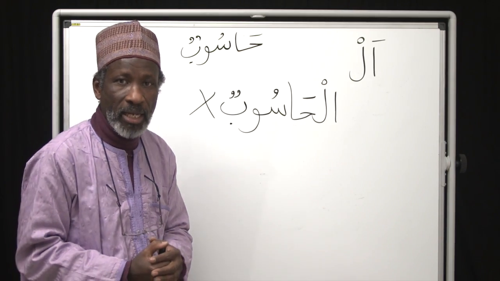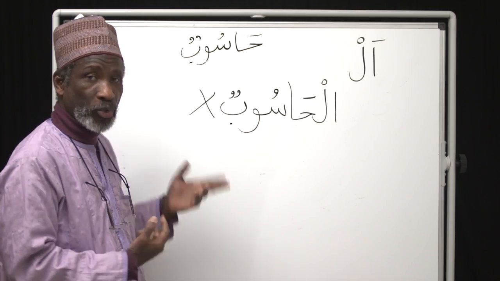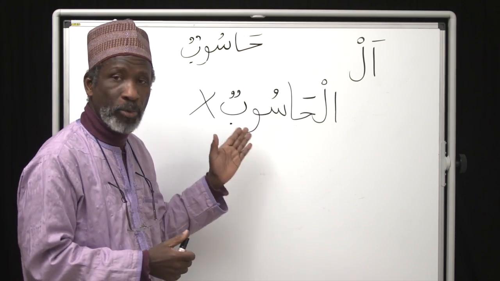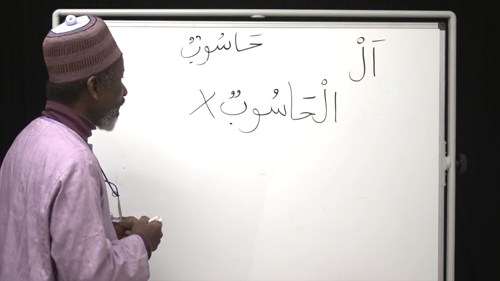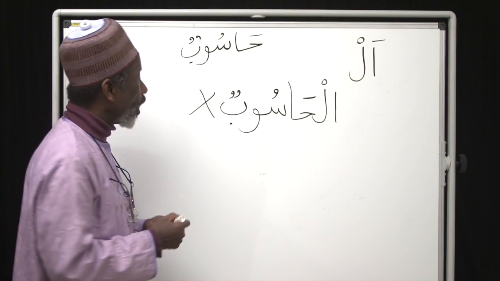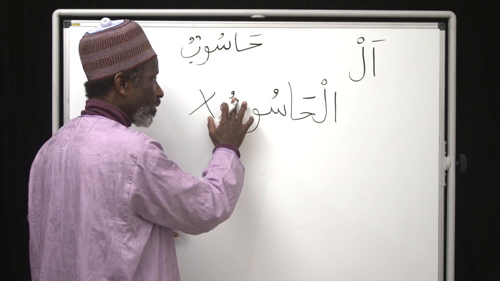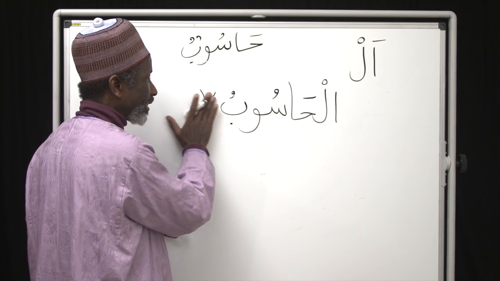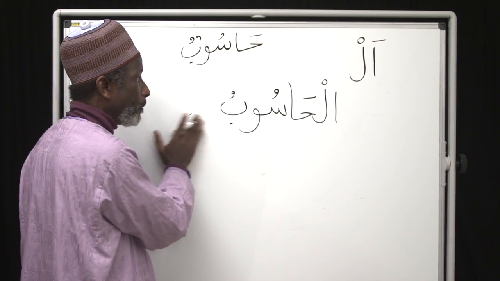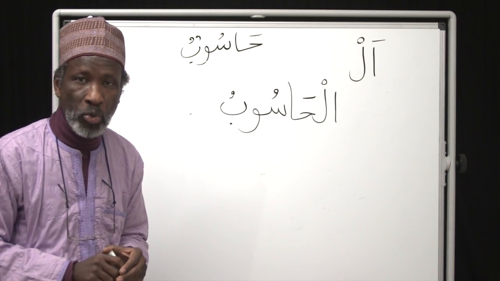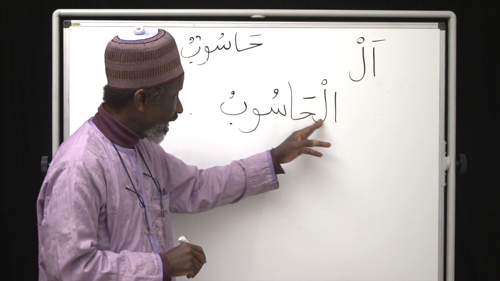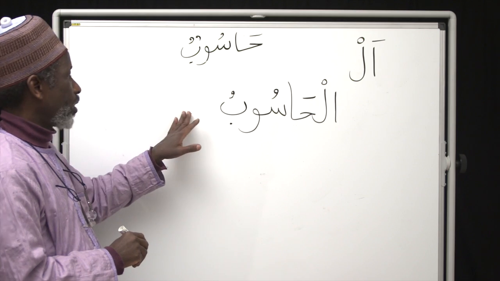Either it is a computer, hasubun, or the computer. How do we deal with this? The way it's dealt with in Arabic is to reduce this un into a single u, one dhamma. So al-hasubu, the computer. So remember, al-hasubu.